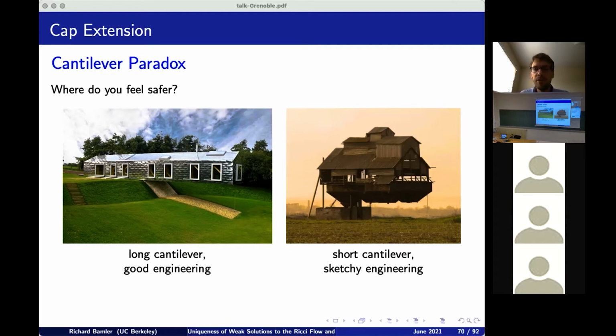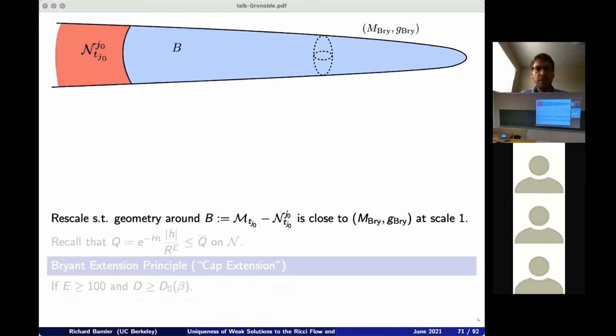All right, so let me put this into mathematical terms. Again, here's our problem. We have an almost isometry given on this part, and just so that I can make our formulas more precise, let me simplify the setting a little bit. Let me first rescale the situation and normalize the curvature here at the tip to be 1.